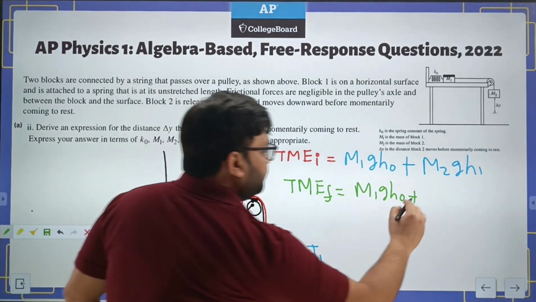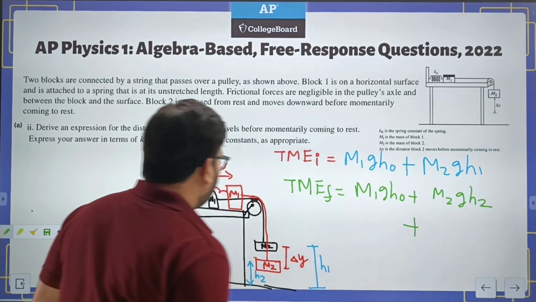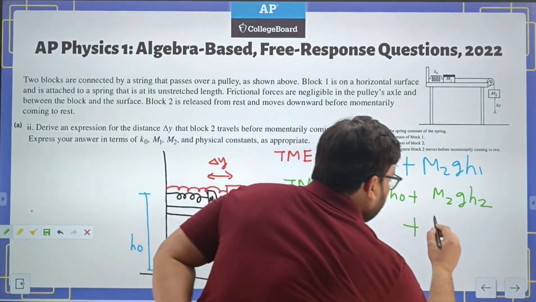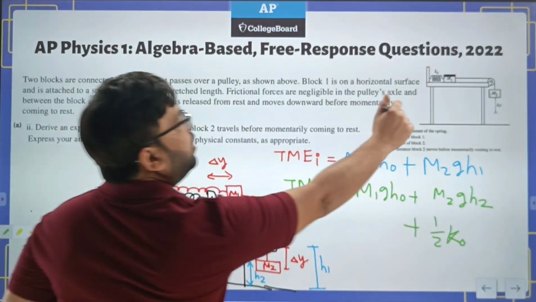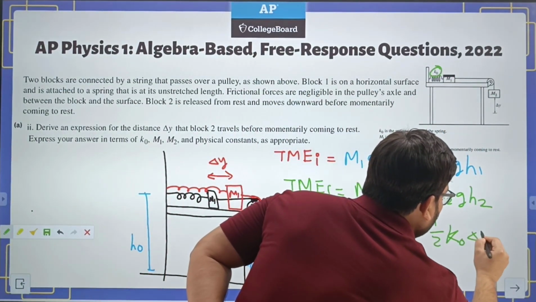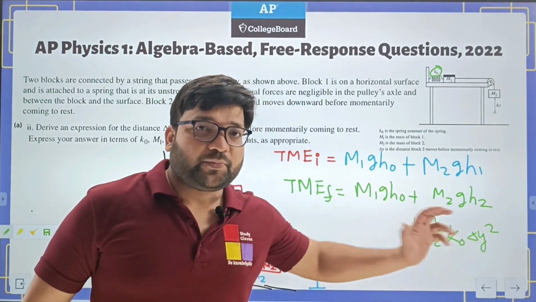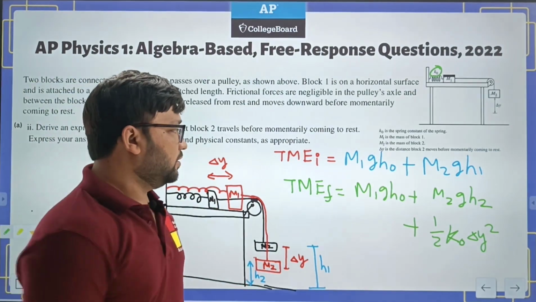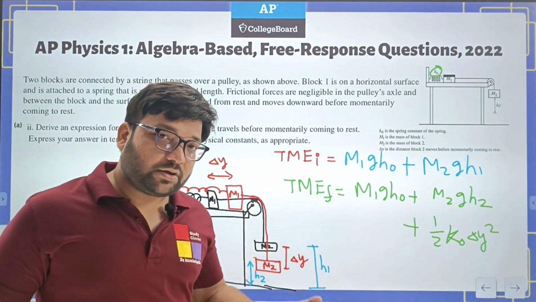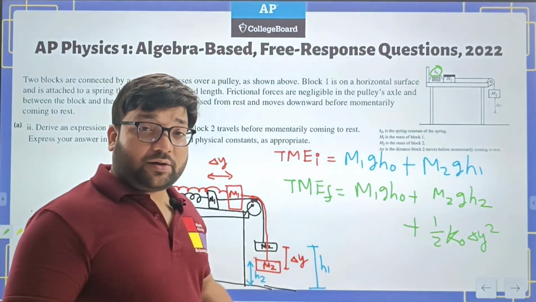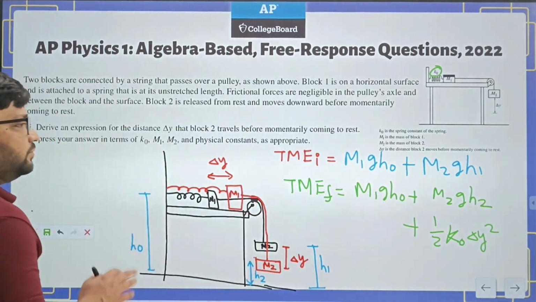Potential energy of m2 is now m2 g h2. Now this is elongated, so there is some potential energy, half k naught, the spring constant is given to be k naught here, into delta y square, right? So this much potential energy comes in and gets stored in the spring. These two are going to be equal because the total mechanical energy is conserved, no external force, no non-conservative forces acting, right? So the total energy is stored in the system.